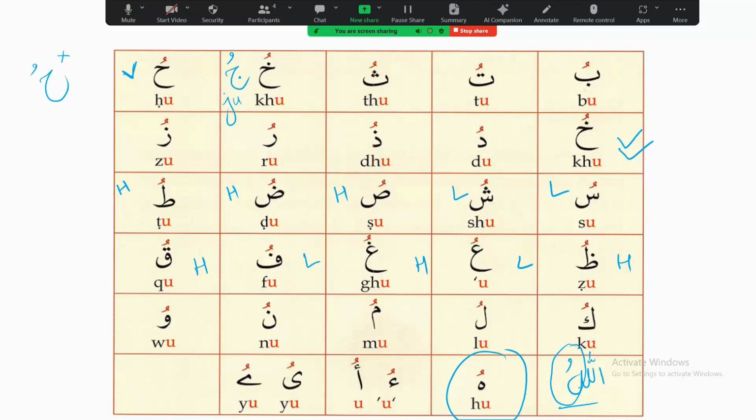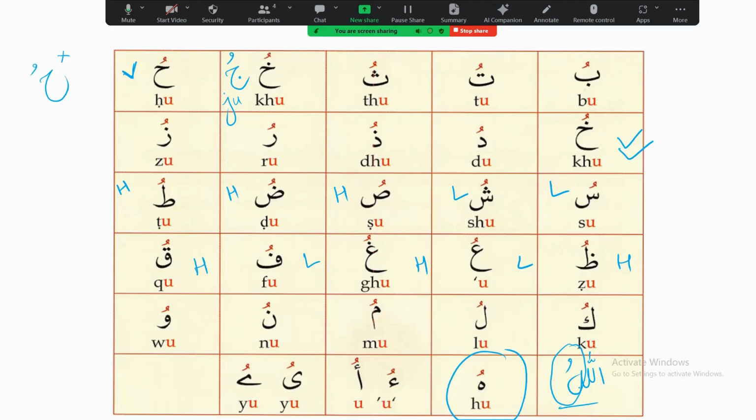Yu. Okay, let me say this exercise completely from first letter to the end one, inshallah, and then we will do the exercise as well. So, sisters, this is bu, tu, thu, ju, hu, khu, du, zu, ru, zu, su, shu, su, du, tu, zu, ru, gu, fu, qu, ku, lu, mu, nu, wu, hu, u, yu. Yes, sister.